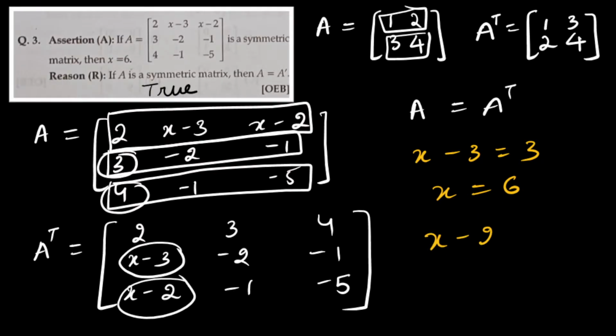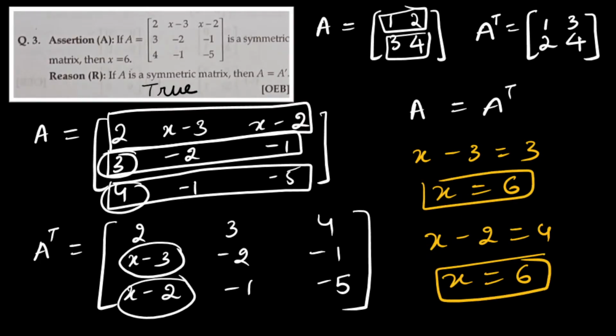Also X minus 2 should be equal to 4, from here also I am getting X as 6. So this is the correct answer they have given, X is equal to 6. That means this is also true. So here option C, both are true.